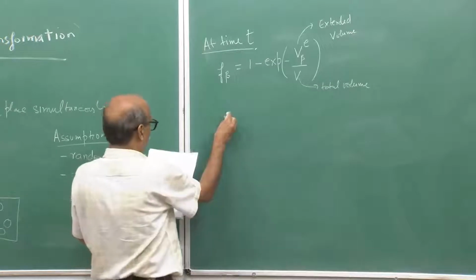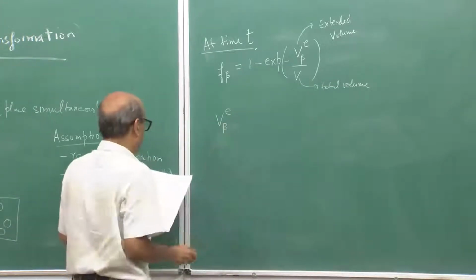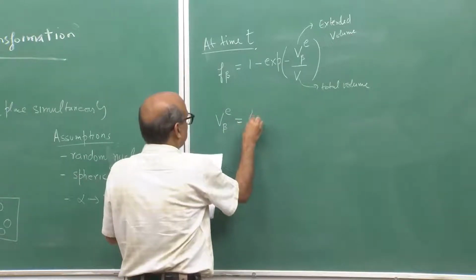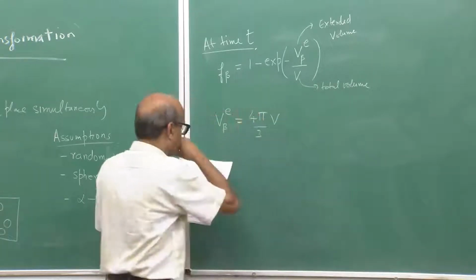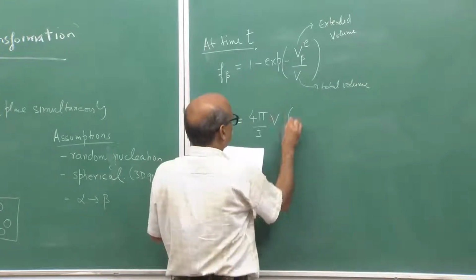Then it was also shown that the extended volume V beta superscript E can be written as 4 pi by 3 times the total volume times integral 0 to t.